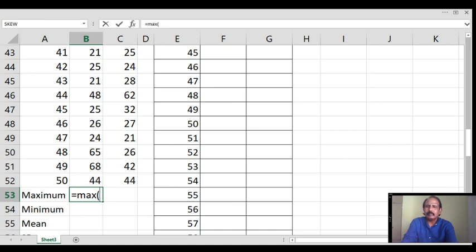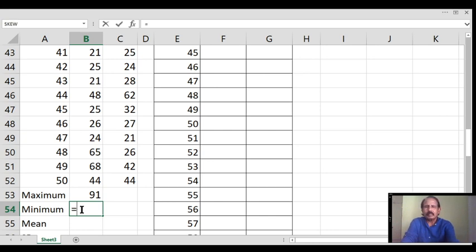For that, our data range will be B3 to C52, because our entire data starts from B3 and ends with C52. That includes the data of male and female both. In this way, we have got the maximum score out of the entire data.